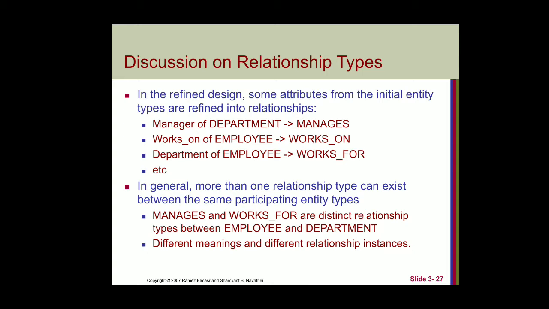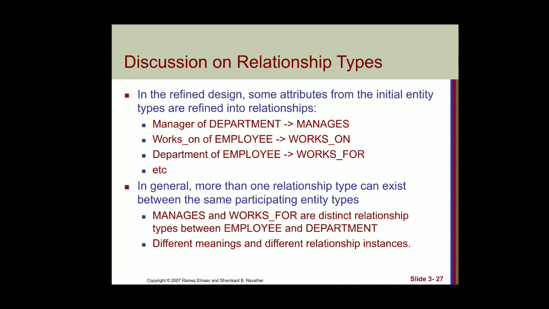In general, more than one relationship type can exist between the same participating entity types. Here in this database, managers and works for are distinct relationship types, but they exist between the same two entity types, employee and department.